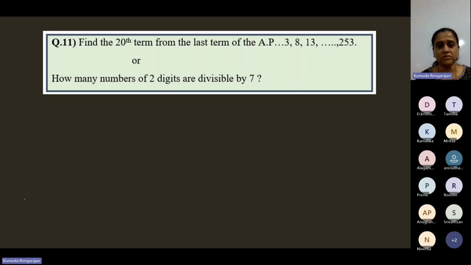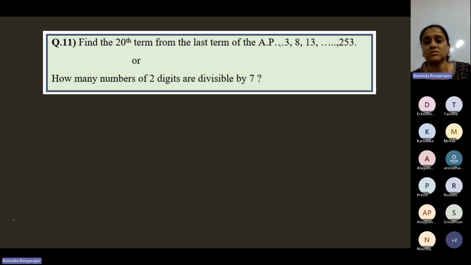Don't take the or option, work both. Find n. Let me see who can tell me the value of n first. Find n. Ignore these dots, okay?